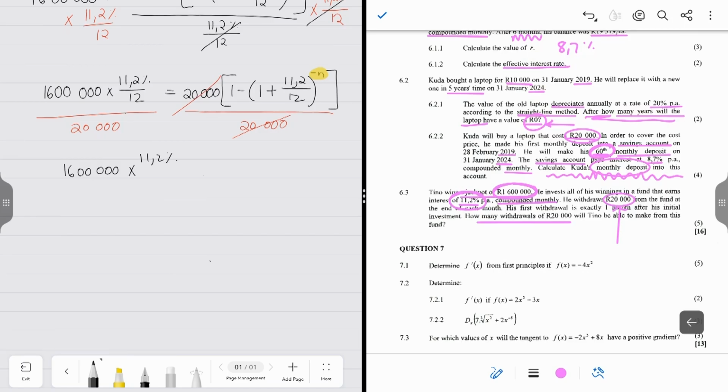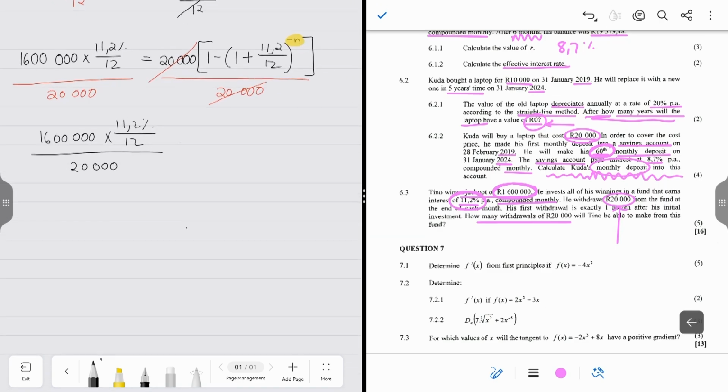On my left-hand side, I've got 1,600,000 times my interest rates divided by 20,000. So I now have just the block bracket left. So I'm not going to write the block bracket anymore. I have 1 minus 1 plus 11.2% over 12 to the negative n.